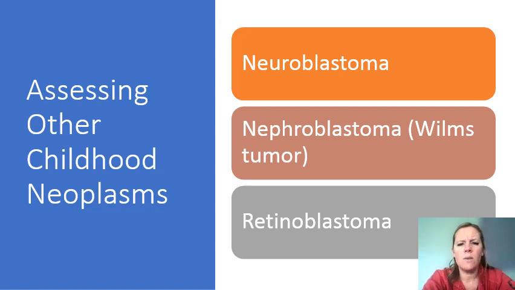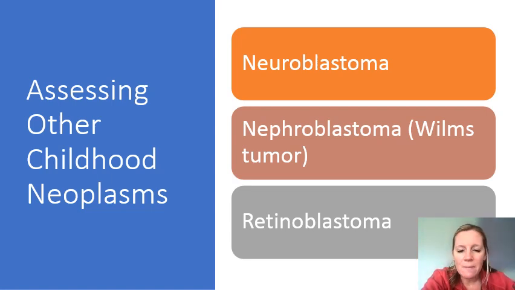What we're going to see with this is a palpable abdominal mass after weight loss and anorexia, so decreased appetite, and then that palpable abdominal mass, which is felt more commonly after that weight loss.